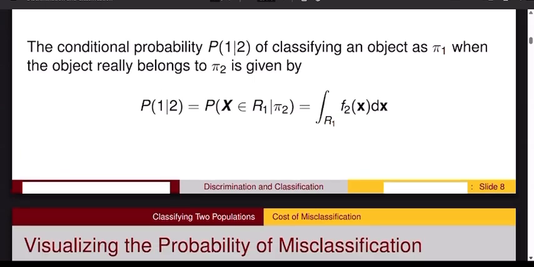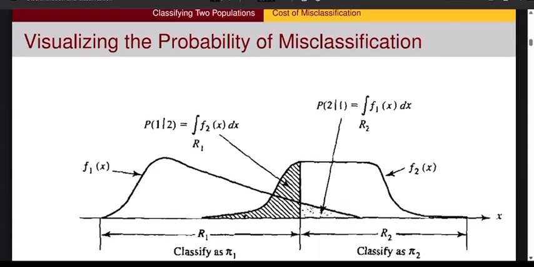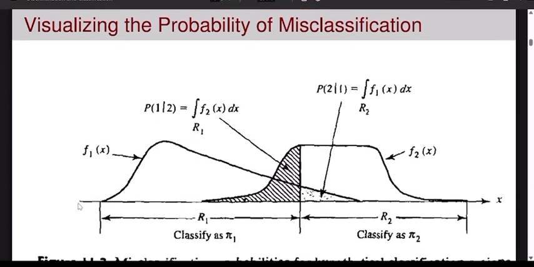Okay, now I want to give you an opportunity to visualize the probability of misclassification. You can actually see a curve. You can see f of 1s and f of 2s, because they are probability density functions.